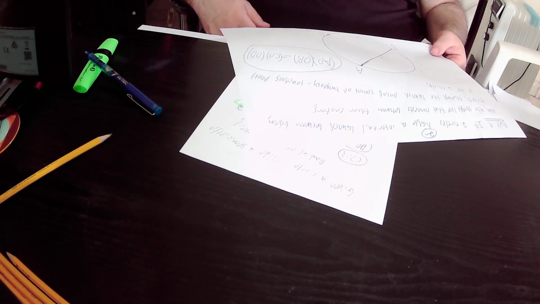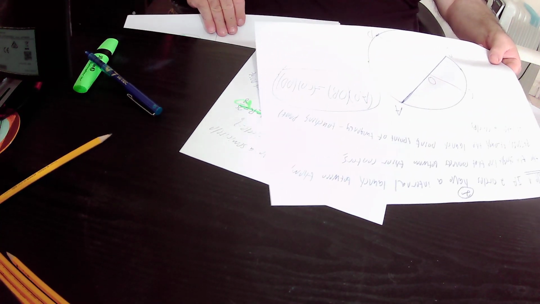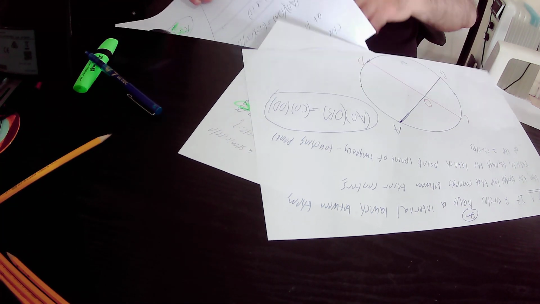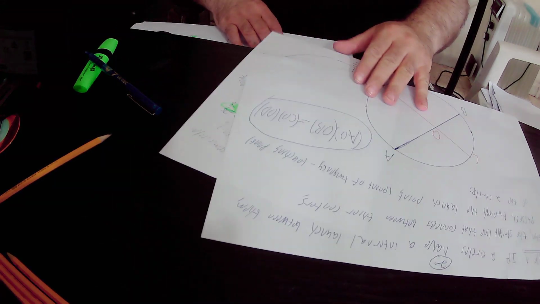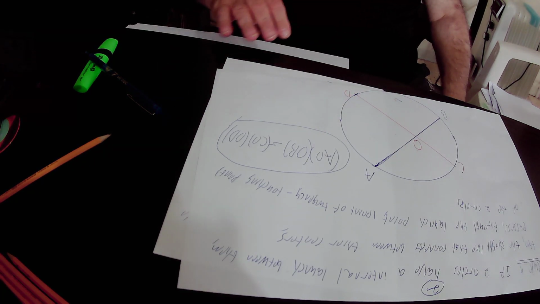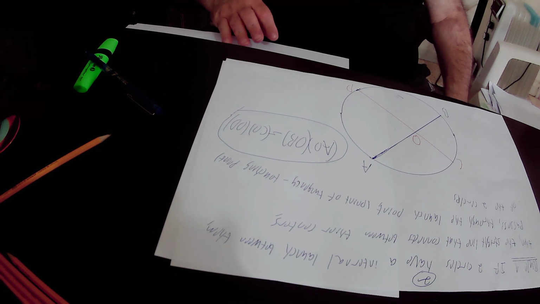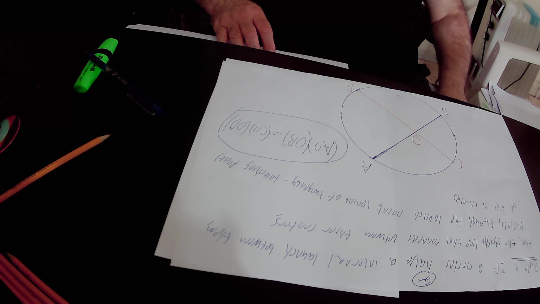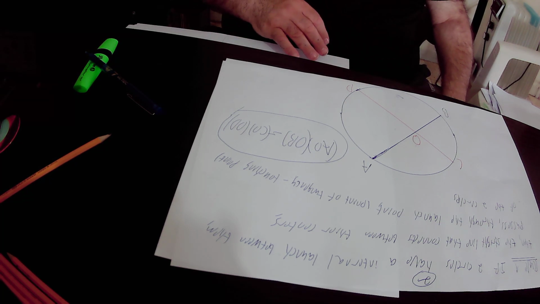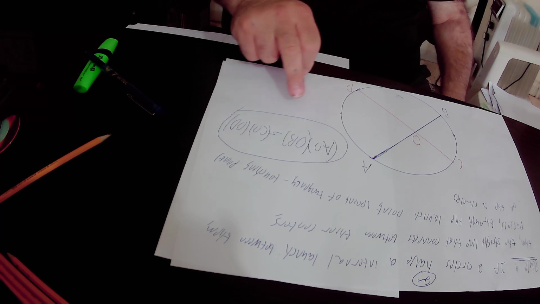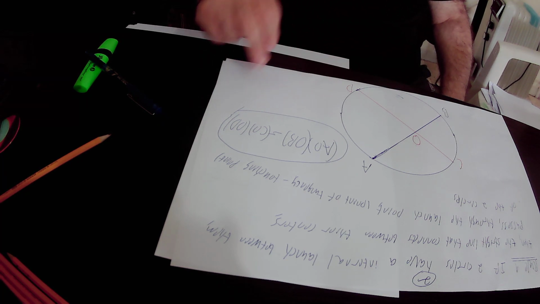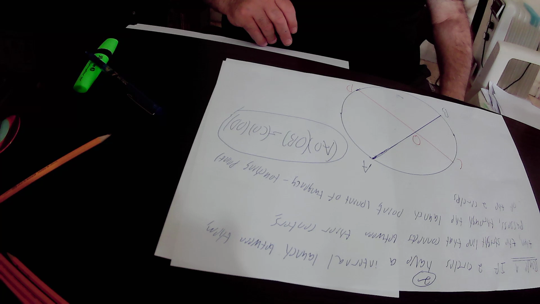According to rule number 1, if two chords intersect with each other inside the circle, then the following equation is true: AO times OB equals CO times OD. This is rule number 1.